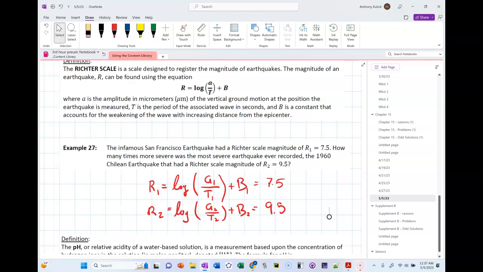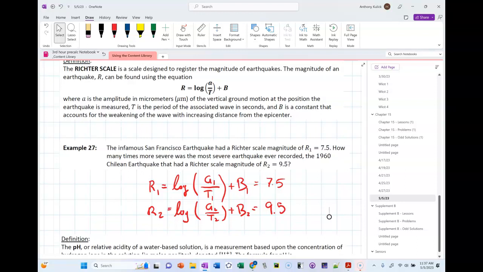So that number B at the end is a correction factor based on where you're doing the measurement, and then it's correcting it to how much worse it would have been at the epicenter. So if I'm reporting to you the Richter scale measurement, that correction factor's already been applied to it, right?